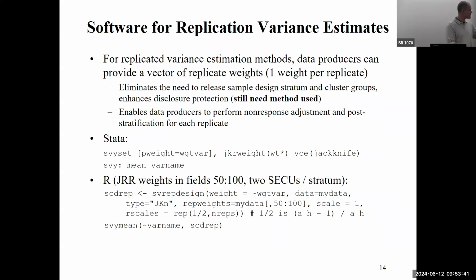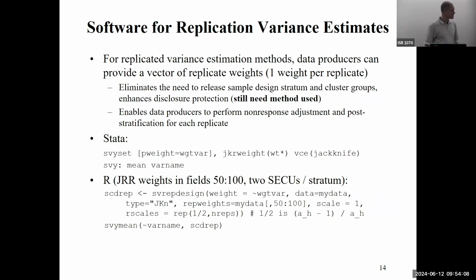Because suppose you made a mistake and column 50 was somebody's blood pressure. That person's blood pressure would then be used to form that first replicate estimate. That's not what you want to do, right? So you have to be very careful in picking exactly which of those fields exist. You could also use variable names as input there. There are different ways to do this, but this is just showing one possible way of specifying that vector.